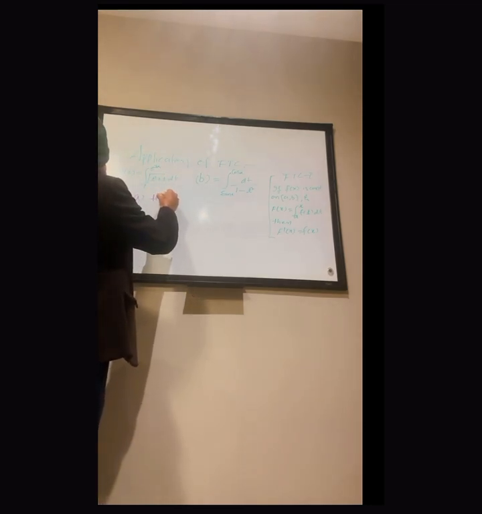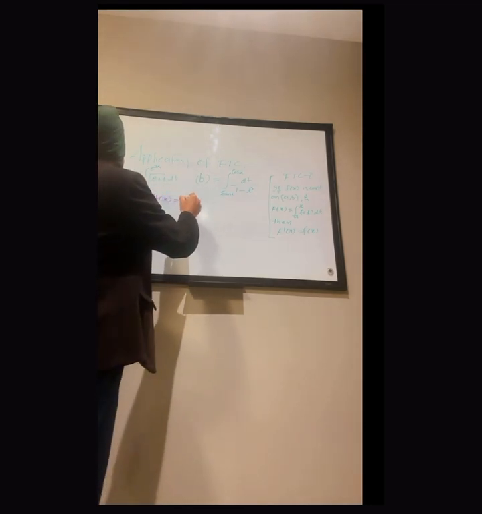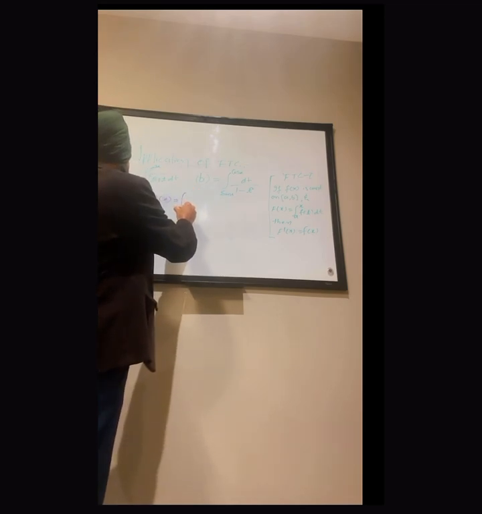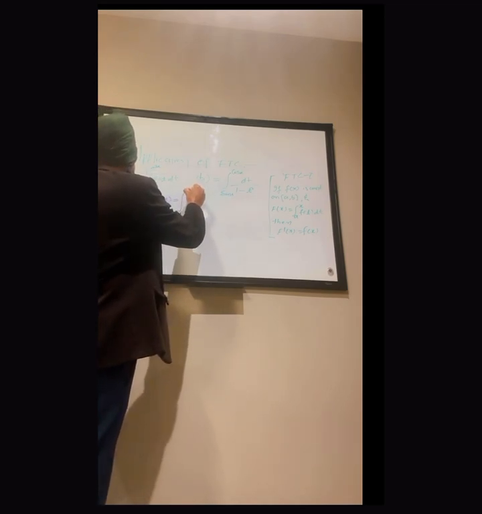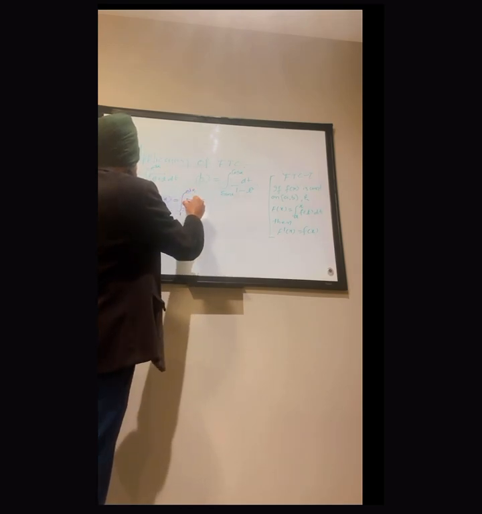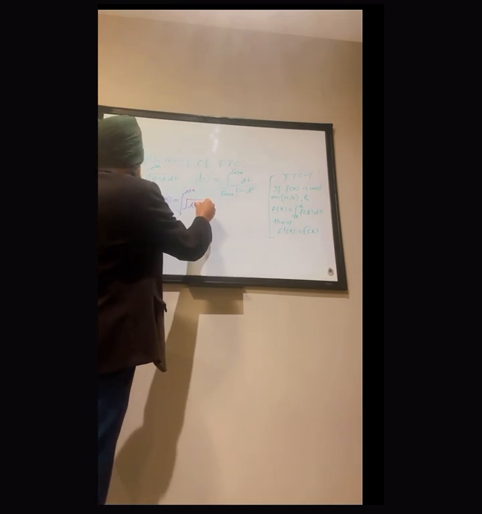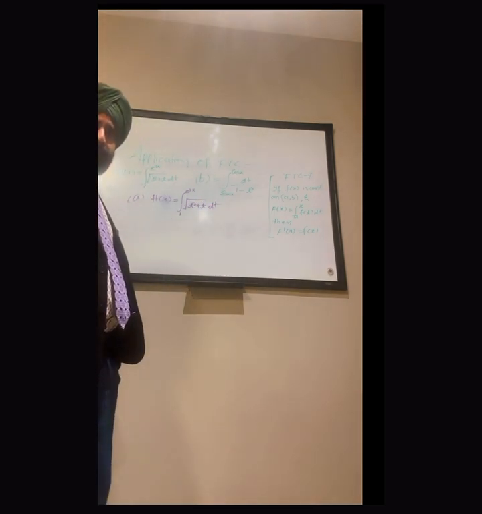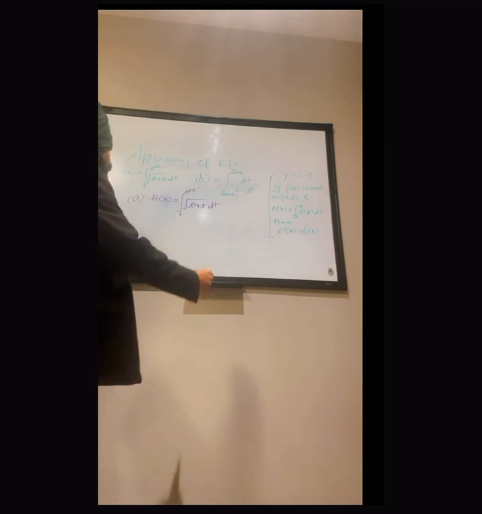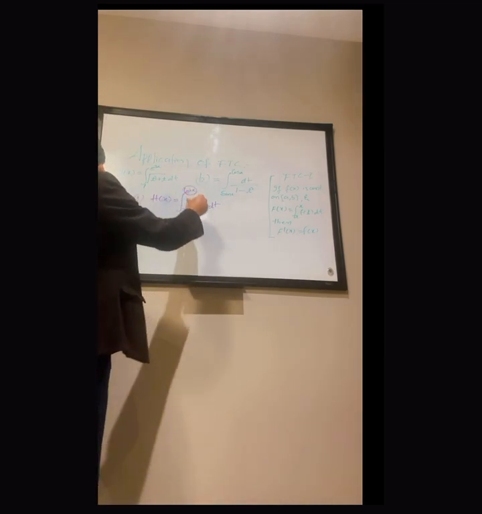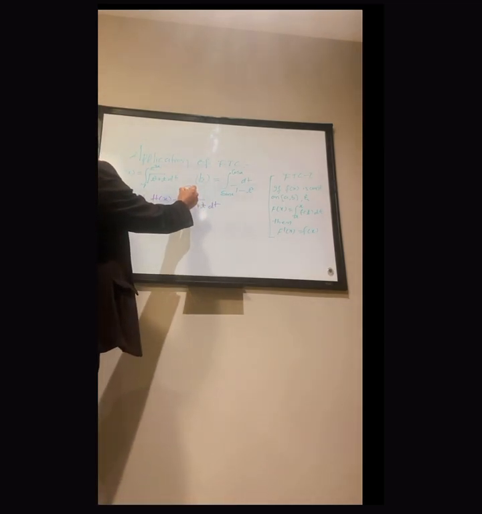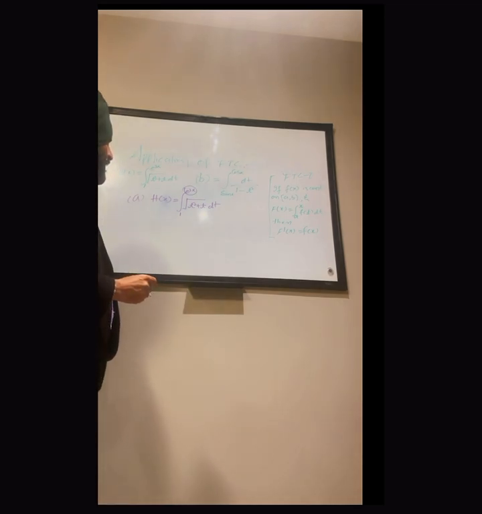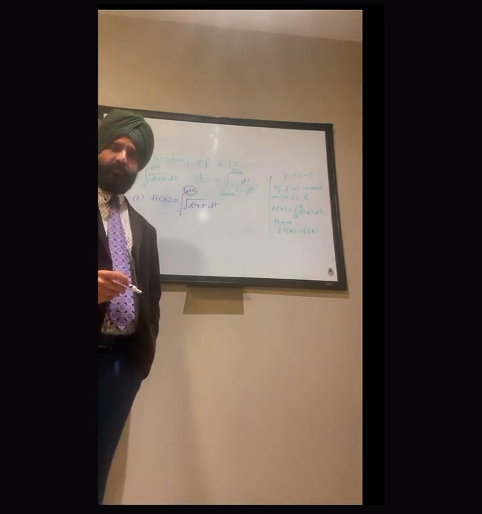h of x is given as the integral from 1 to e raised to power 3x of square root of t squared plus t dt. This is in the not standard form because here the upper limit is e raised to power 3x. This is a function of x.